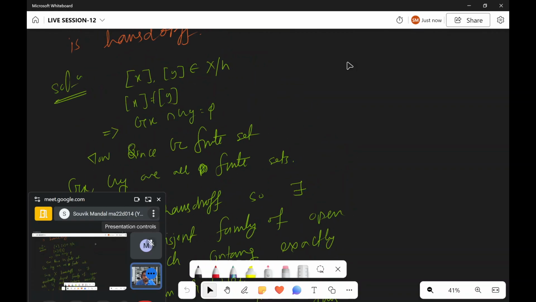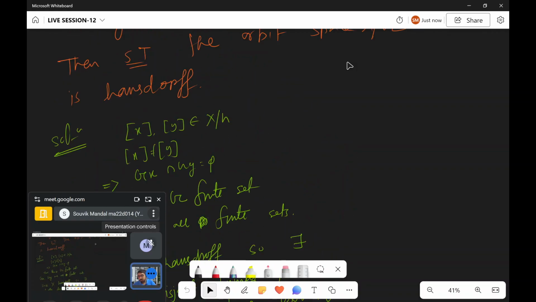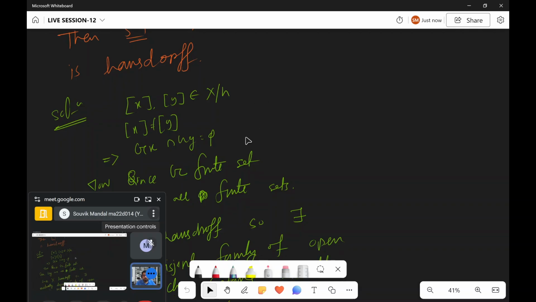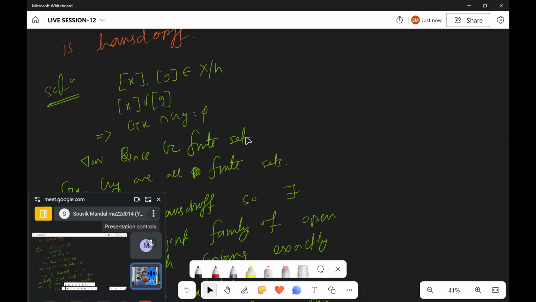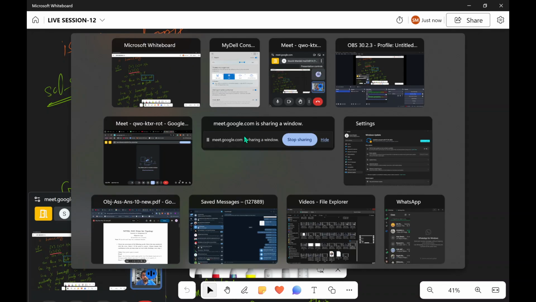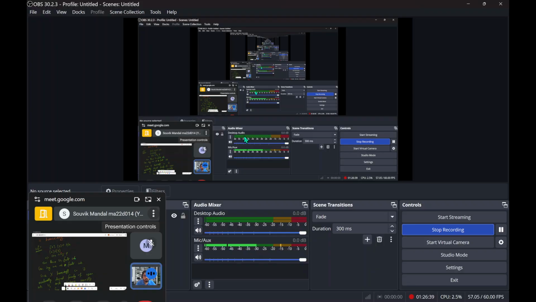So basically, suppose we have two points x and y from X divided by G, and suppose those two points x and y are not equal.